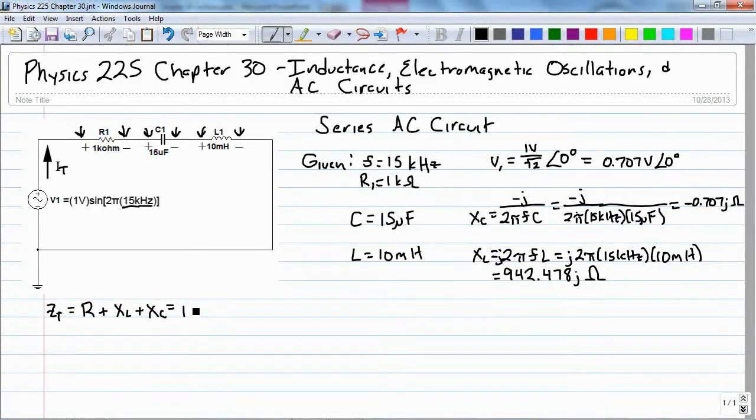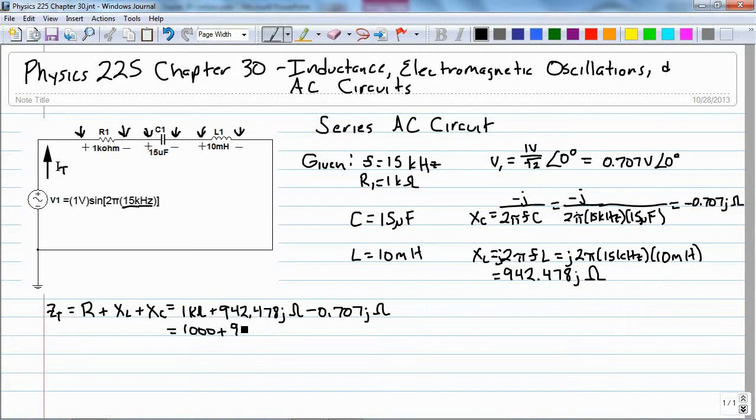and I'm going to get 1 kilo ohm plus 942.478 J ohms minus 0.707 J ohms, and that gives me 1000 plus, and this is pretty close to, when I subtract this, it's not going to be that much of a change.